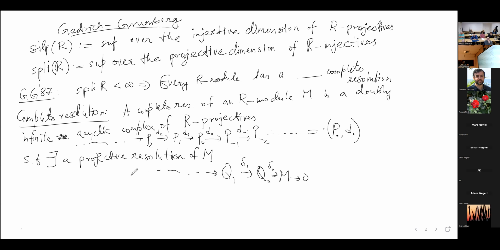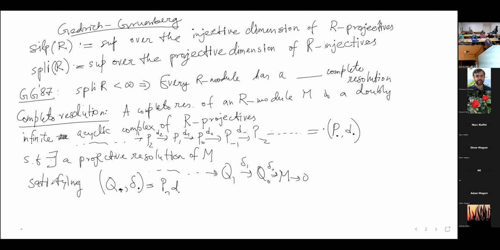So the projective resolution Q star with differential delta star equals P star with D star.